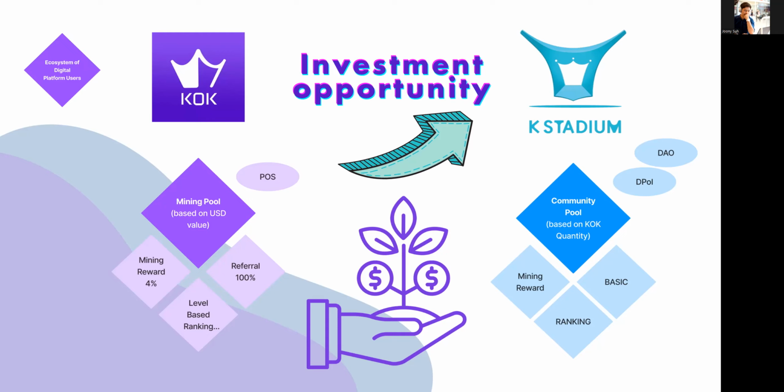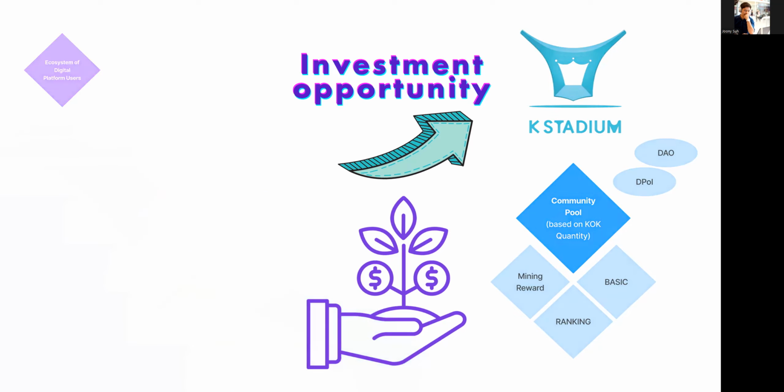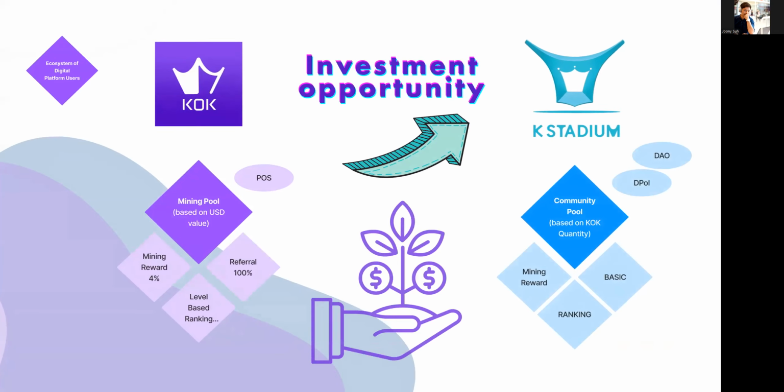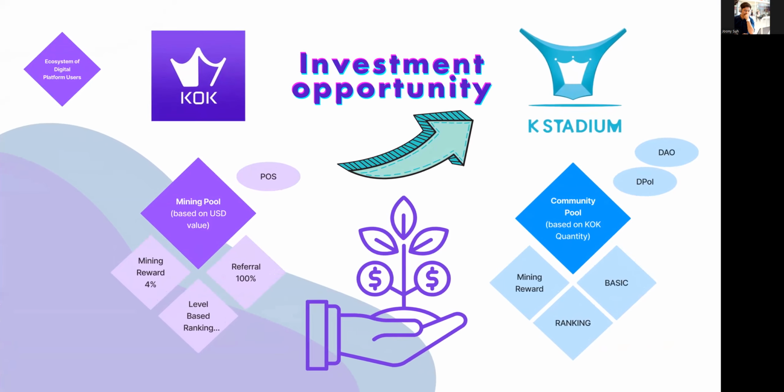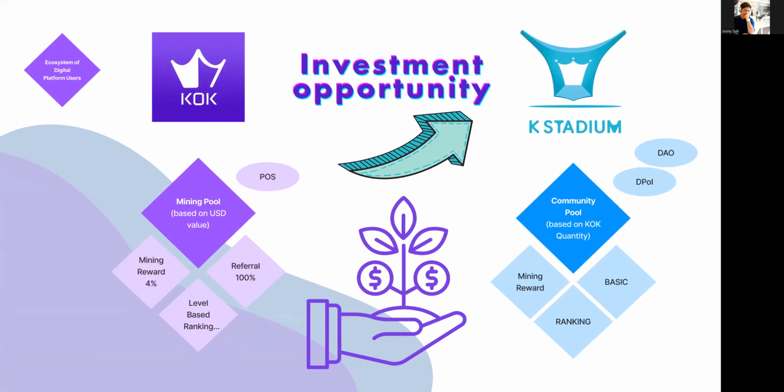Now that means that in this system, you are not actually putting your own stake, you're actually delegating your stake. And K Stadium went one step further and created a system called DPOI, or Delegated Proof of Investment Model.